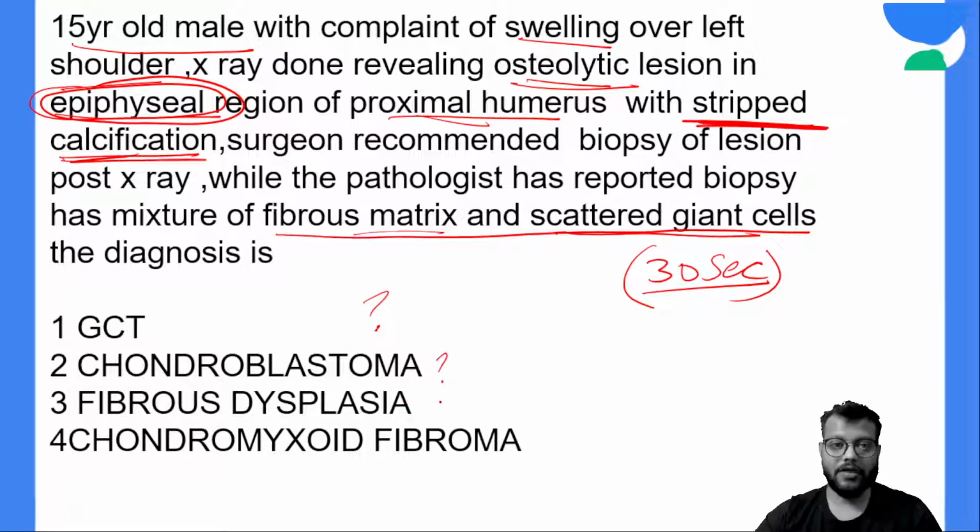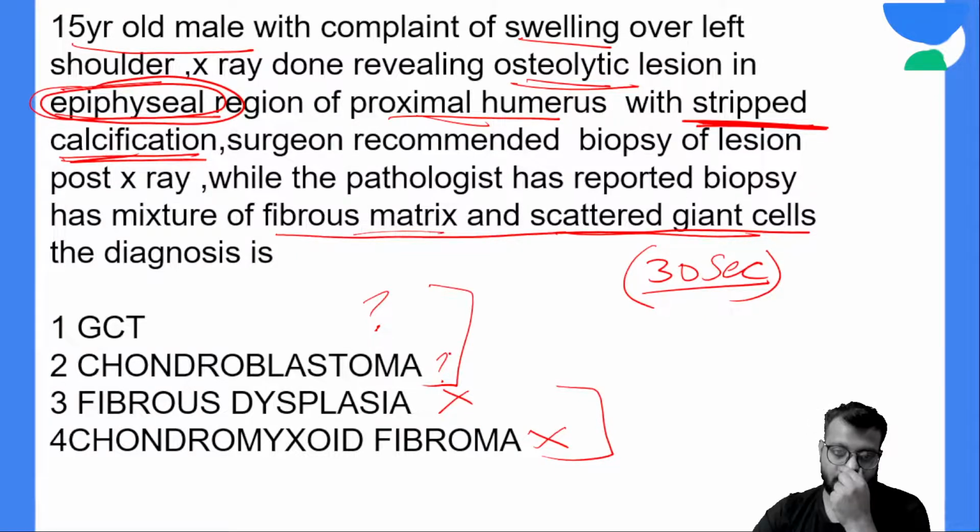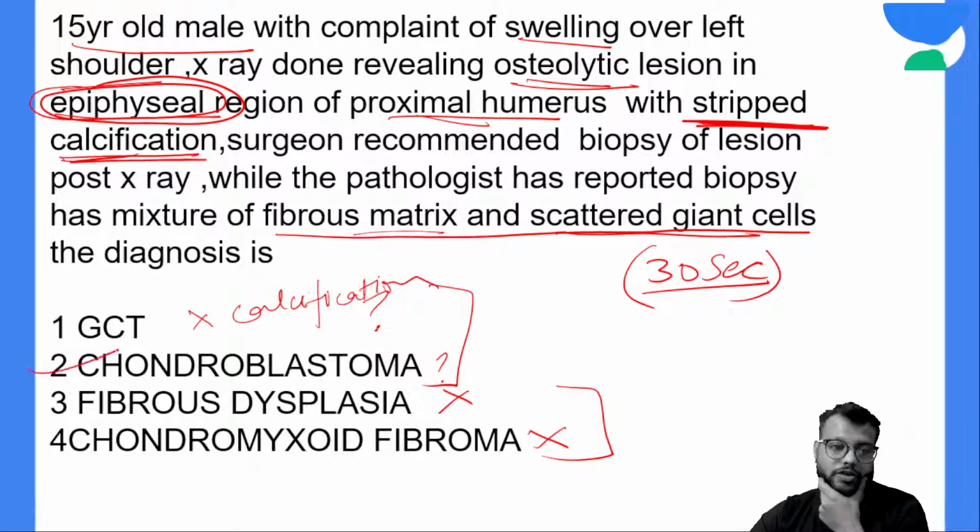Fibrous dysplasia is metaphyseal with an osteolytic lesion but no stripped calcification, similar with chondromyxoid fibroma, no giant cells in both these two. But remember GCT has no calcification. Okay, there is no calcification, so the answer is not GCT, the answer is chondroblastoma.